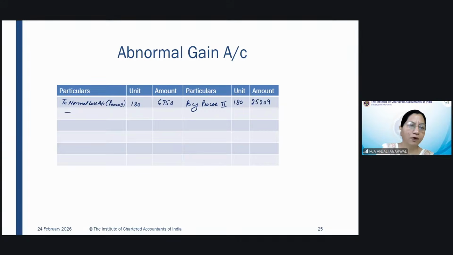So our true costing P&L profit is 18,459.